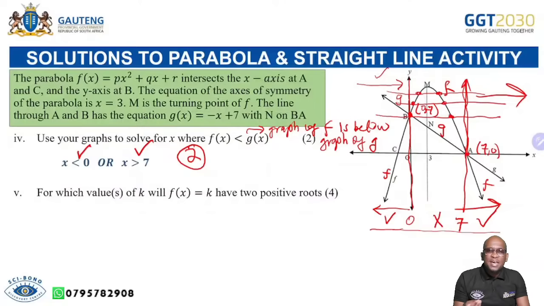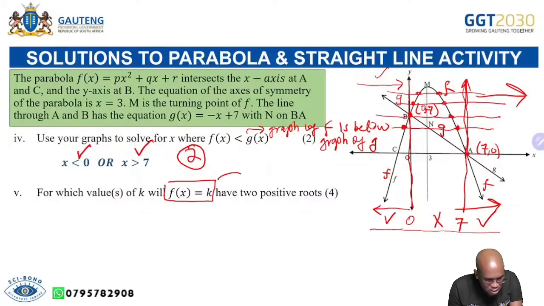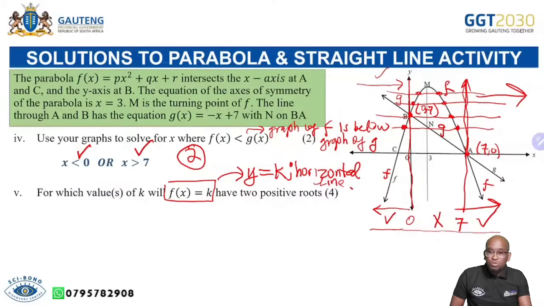That is where it starts to change, because below the y-intercept you can see it's cutting on the negative x-axis and also cutting on the positive x-axis. We are working with f of x equals k, which is the line y equals k. This is our horizontal line, so we are using the horizontal line to test this.